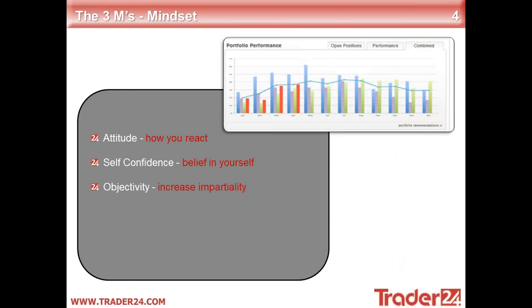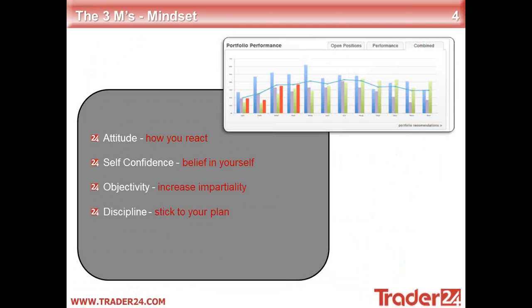You just want to keep it as objective as possible. If you can, try and think of money as a less serious commodity. But you really need to have faith in where your entry and exit points are, and have faith in the way that you have identified those particular trades.